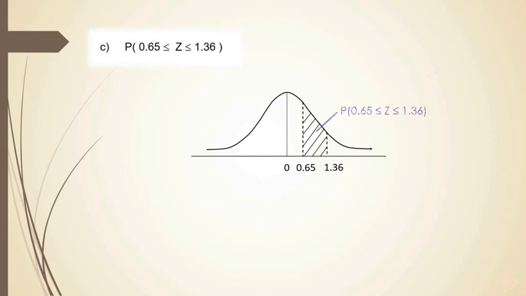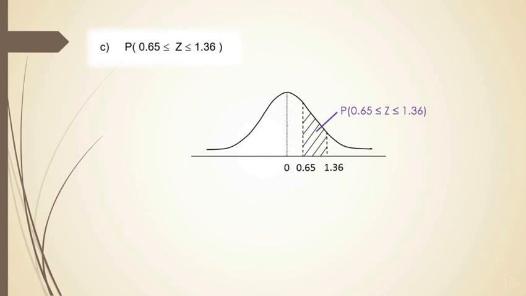Lastly, part C. We want to find the probability that Z is between positive 0.65 and positive 1.36. The diagram representing this probability is as shown here. Both the Z values are positive, so there is no need to modify them.